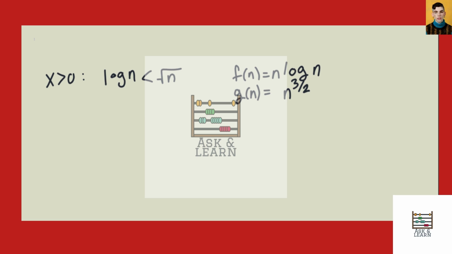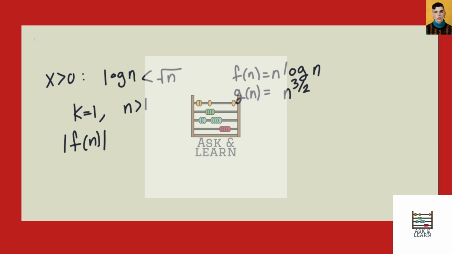Okay, well, when k is greater than 1, we have that log n must be greater than 0. So we're going to let k equal 1, and therefore use n greater than 1. Of course, you could use a different value of k, and you'd end up with slightly different results here.